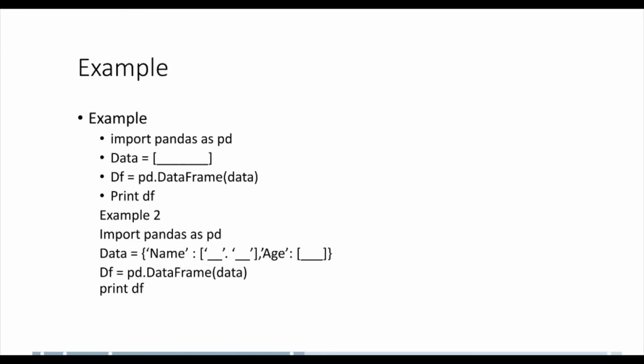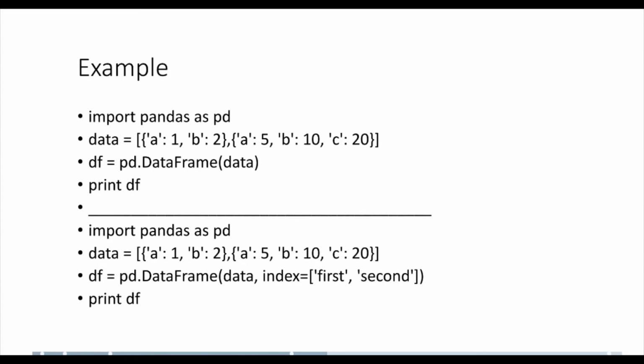Another example shown here makes use of a dictionary. In the dictionary, we pass keys and values as the respective arguments. Don't worry, we'll see an example of each in the next slide. Now you can see the example here in which we have passed data with a key A and the value 1, another key B and its value.